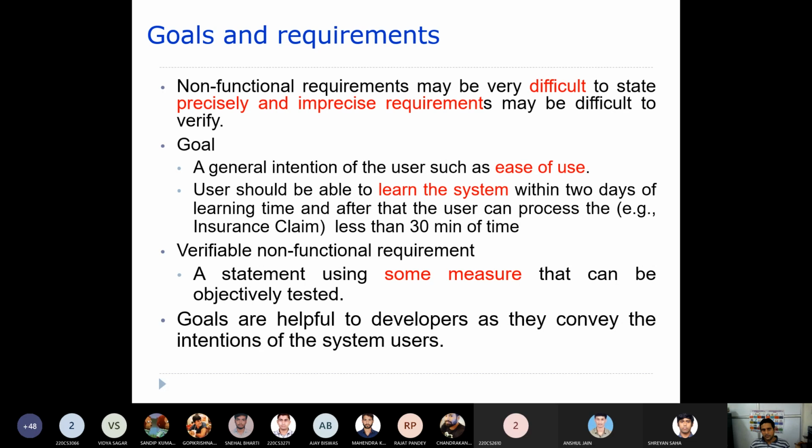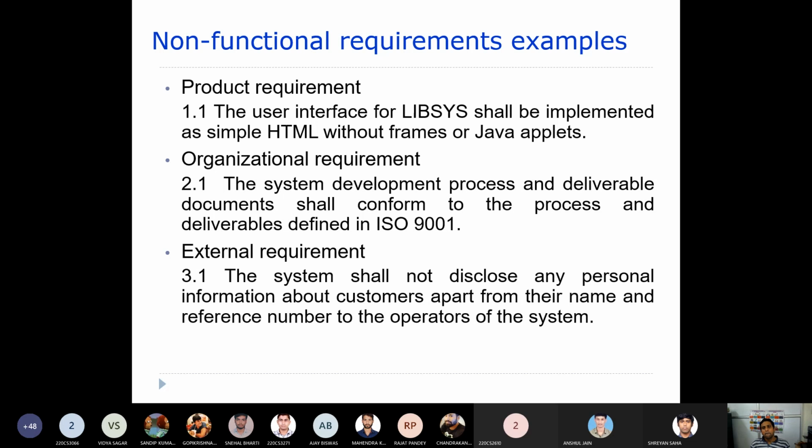Sir, you told using Java APIs and HTML in the previous slide. Shouldn't it be described in the design phase? Yes. So, you see, design specification is there. It is a design specification, it's not the actual design.